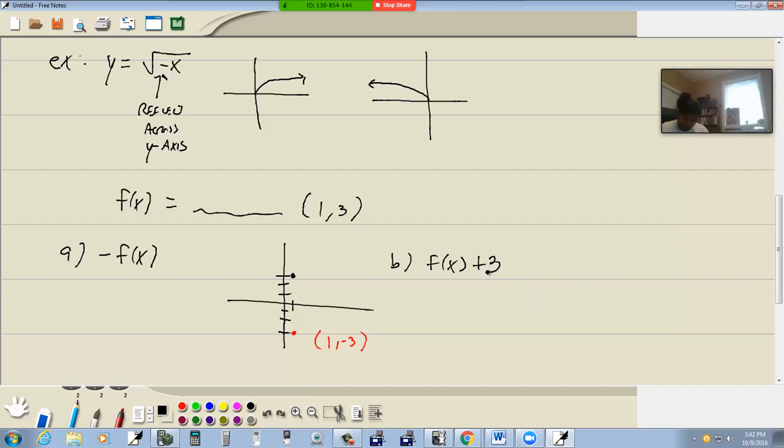If it asked me, take my f of x plus 3. Well, you have to remember what the f of x represents. The f of x is the same as y. So this is saying I'm going to add 3 to my y component. So the original point would become 1, 6. I added 3 to the y component.